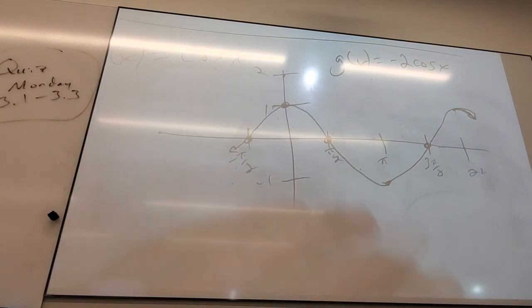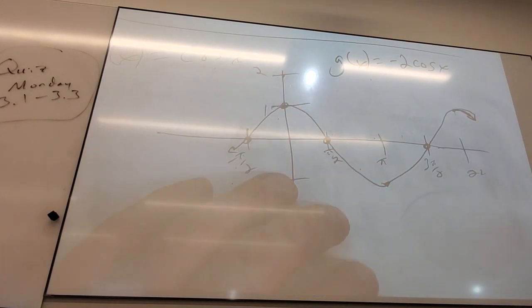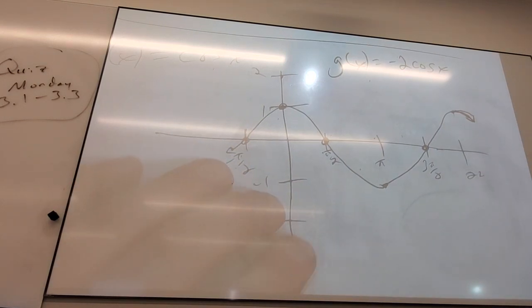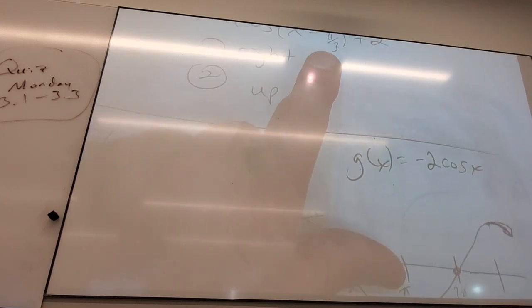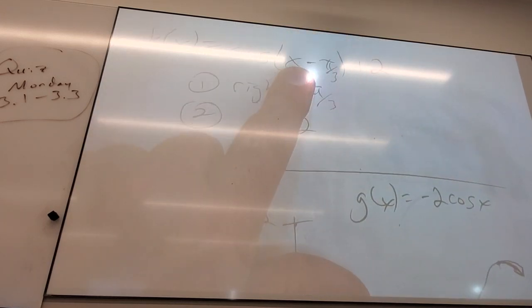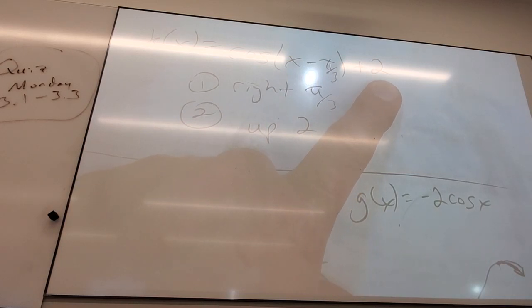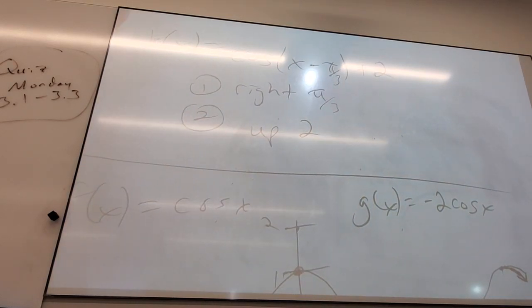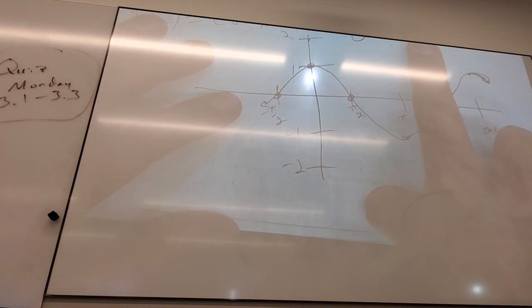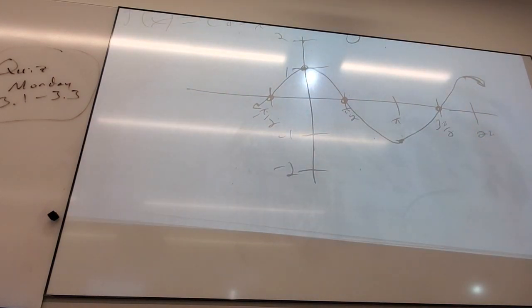Would it get elongated? Not yet. Not this way. All right, couple things. If it's inside with the x, that's left and right. If it's outside, it's up and down, correct? You with me? This 2 is outside, correct? So it's just going to make it 2 bigger out here.